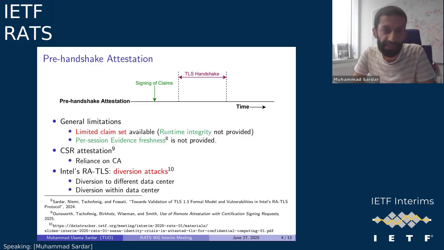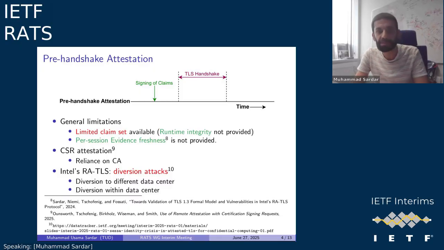So per-session evidence freshness is not provided. Secondly, there is a critical thing, which is runtime integrity: if there are changes at runtime when the attester is actually executing, these claims are not available at the point in time this signature has been done, which is what the green arrow shows. At that point in time, we have no runtime integrity measurements. That means it basically ignores all the runtime behavior of the attester.